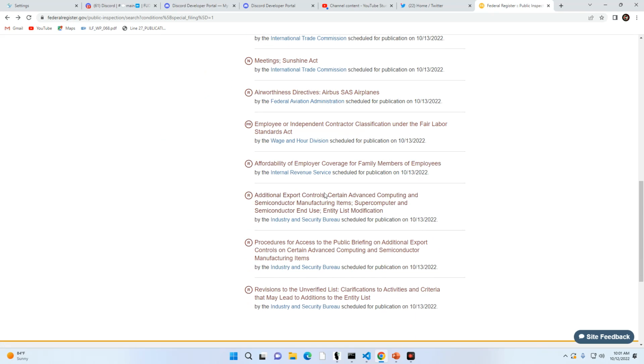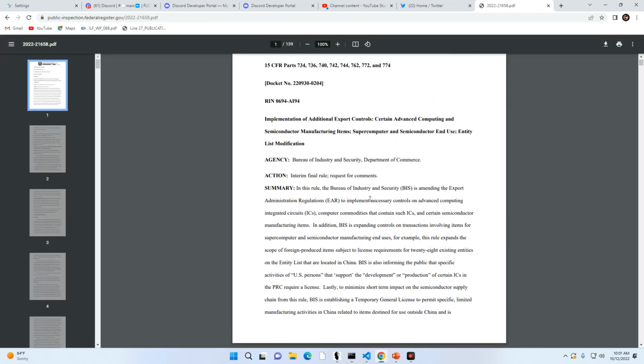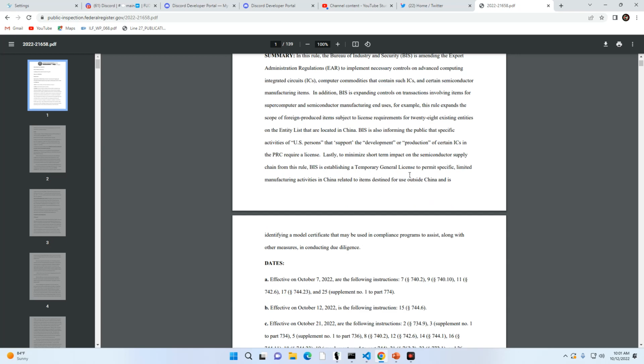Okay, so again, this is what we're looking at here, and this is interesting, folks. This is the implementation of additional export controls: certain advanced computing and semiconductor manufacturing items, supercomputer and semiconductor end use, entity list modification. This is from the Bureau of Industry and Security, Department of Commerce, an interim final rule with a request for comments.